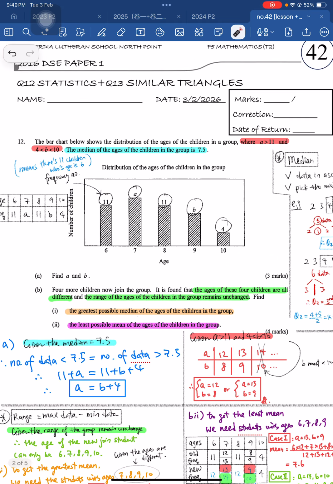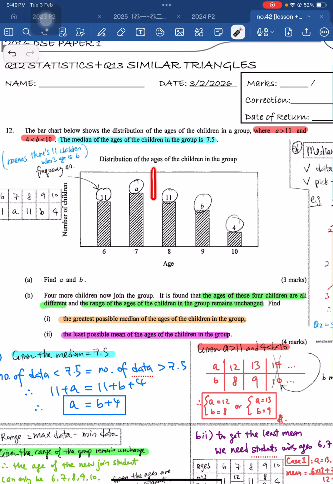Now we're going to find out the values of A and B. How are we going to do it? Because we know that the median is 7.5, it must be in the middle. Which means that the number of students whose age is smaller than 7.5 and the number whose age is greater than 7.5 must be equal.